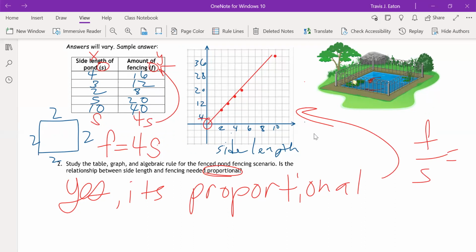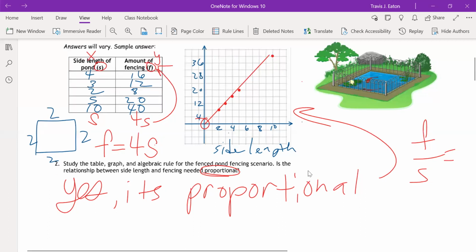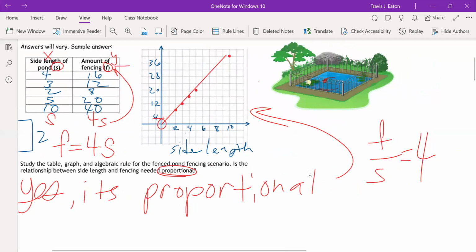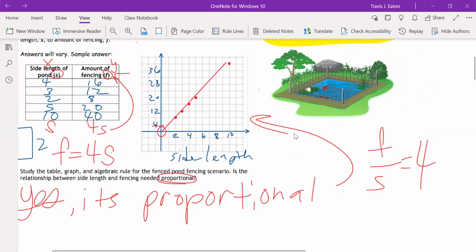You get the same quotient. 16 divided by 4, 12 divided by 3, 8 divided by 2, 20 divided by 5, 40 divided by 10. F divided by S is 4 every time, every time. So you know there's a constant of proportionality.